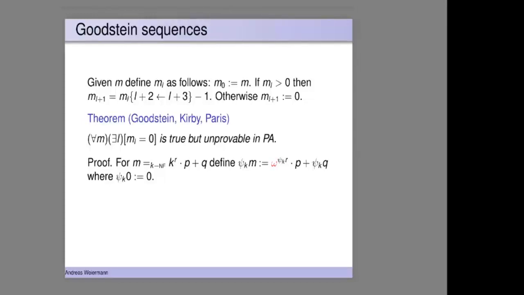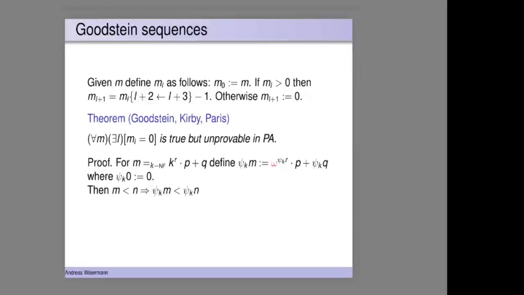So it's omega to the pk of r. So we do the replacement also in the exponent. There's no change of base in p, but we also replace occurrences of k in q, recursively: we replace k by omega. And pk of 0 is 0, and pk of numbers smaller than k is the identity function.